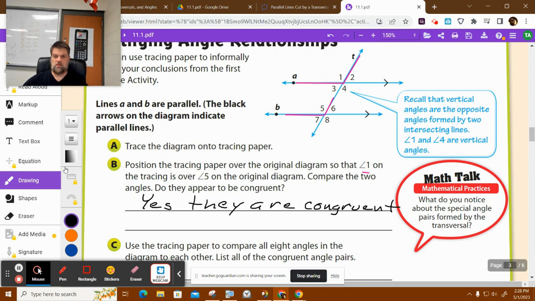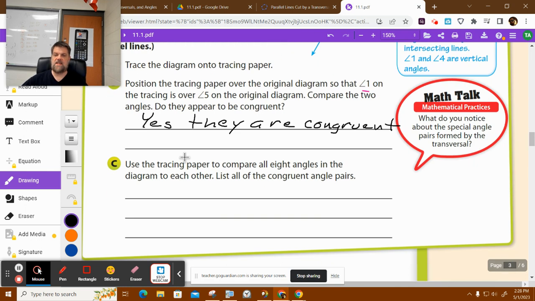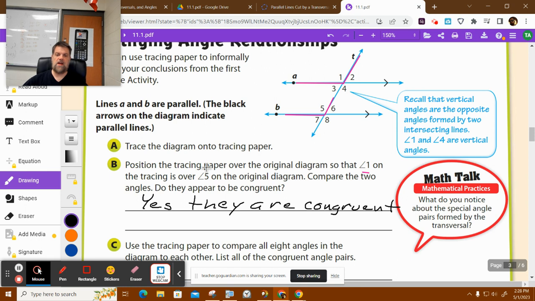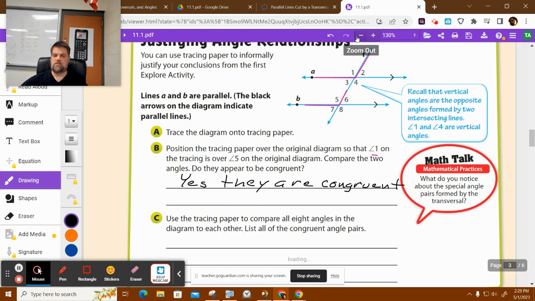So, remember I said big equals big? Well, what are the big angles if you look at this? Let's start with, we know that 1 and 5 are, so we're going to say angle 1, angle 5. What else? 4 and 8. Angle 4 and angle 8.